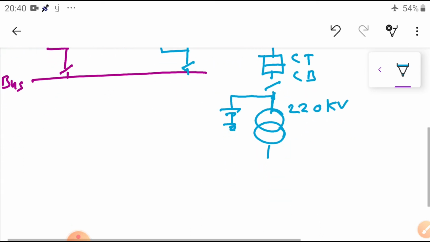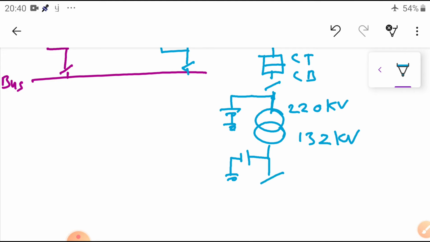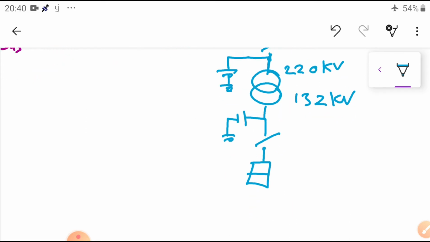Now it steps down to the 132 kV line. Once again I am going to use another lightning arrester. Lightning may come on either side, LV side or HV side. That's why I provided the bodyguard on both sides. Next I am going to use the isolator. Next, brother and sister, CT and PT.